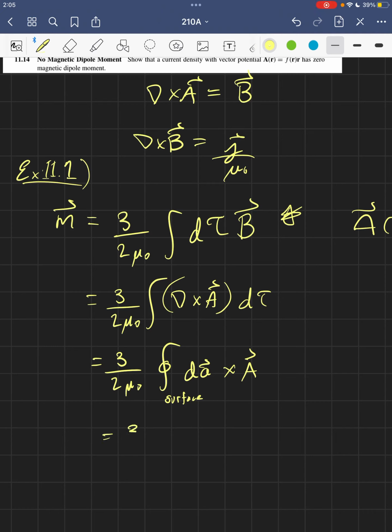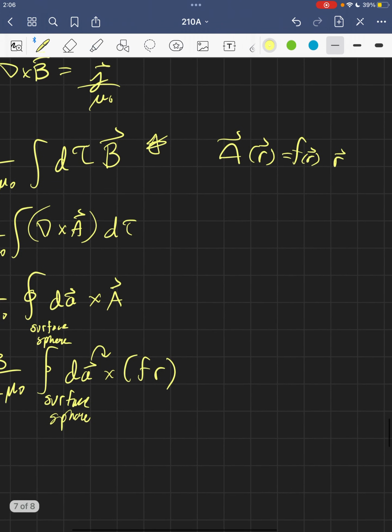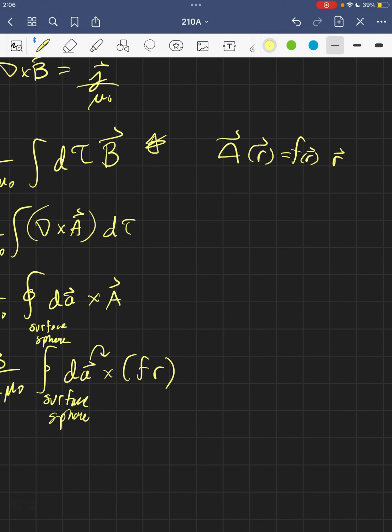So we can rewrite this: 3 over 2 mu naught, the surface of a sphere, again, and this is dA cross f times r. Now your infinitesimal surface area is in the r hat direction.